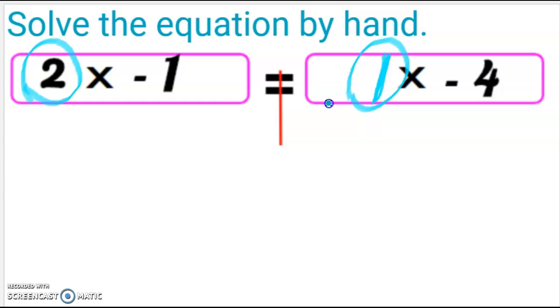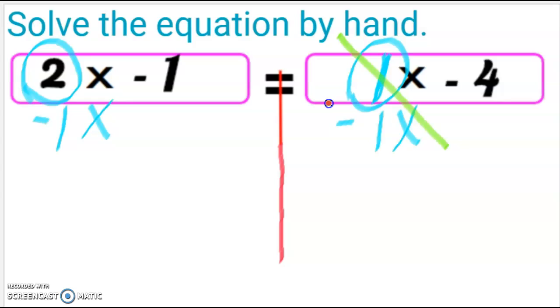So remember, we do opposite operations. So I'm going to subtract 1x from both sides. Notice how I'm lining it up with my x, right? Okay, I'm just going to switch the color so I can cross out the things that are the same, and I'm just going to extend my line. Okay, cross out the things that are the same, right?